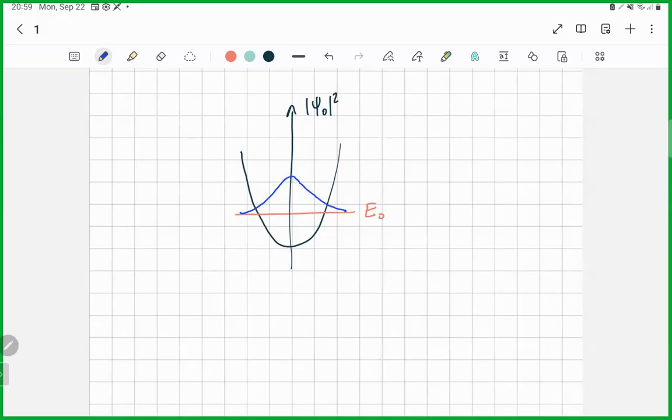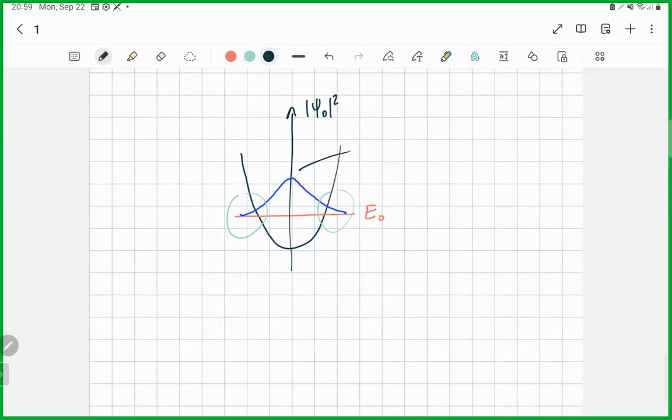What this is telling us is that there is a chance to find the particle beyond the classically allowed region. The highest probability is right at the center, at position 0, just the opposite of what we have in classical mechanics.